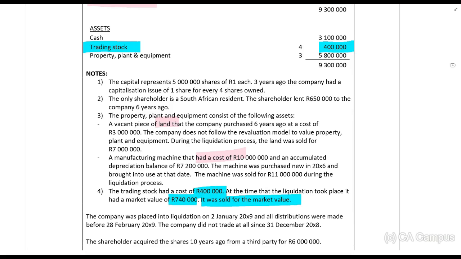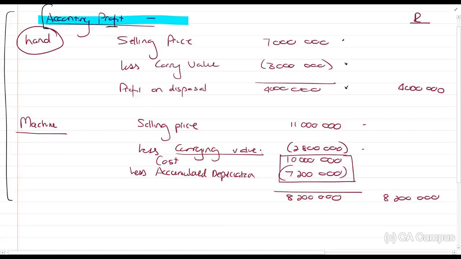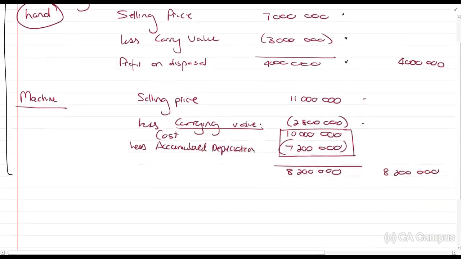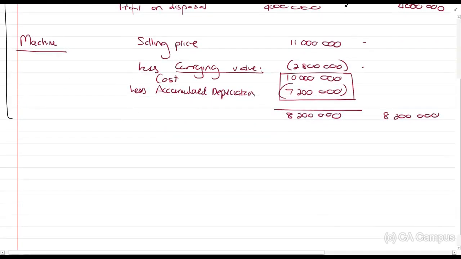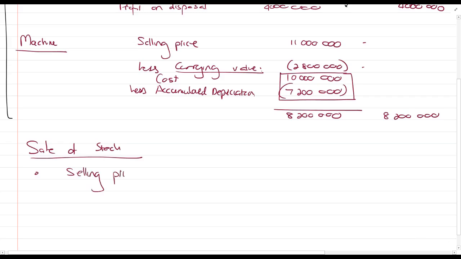Okay, so the first thing we do is we go to our accounting profit. What did we do for accounting with this? It's the sale of stock. First we have the selling price for the sale of the stock, 740,000 rands, and cost of sales.